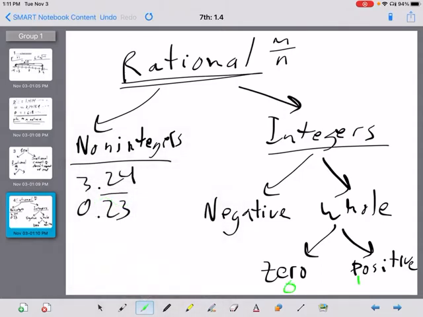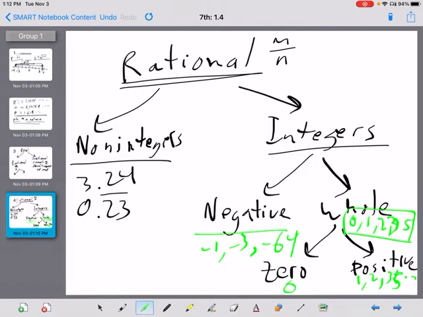Positive integers should be like 1, 2, 35, etc. Whole numbers is like 0, 1, 2, 35. All of those are included in whole numbers. And then negative ones would just be like -1, -3, -64, whatever it is.